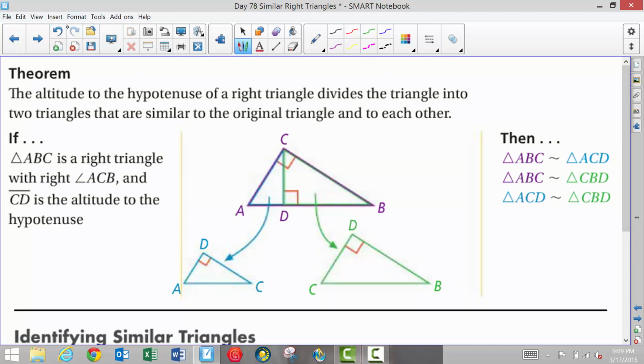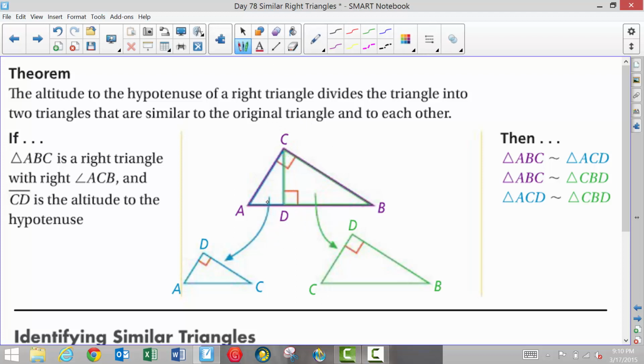So what the objective stated in the beginning of the lesson, if I have an altitude of a right triangle that goes to the hypotenuse, so C to D is an altitude because it goes from a vertex to the opposite side at 90 degrees. If you draw an altitude of a right triangle that goes from a vertex to the hypotenuse, you're going to create three similar right triangles.